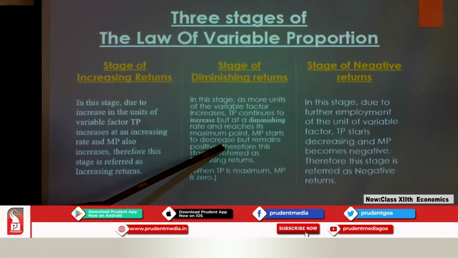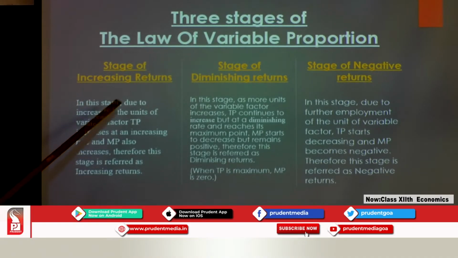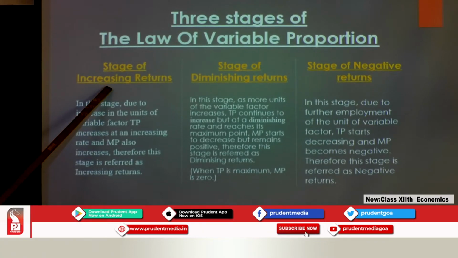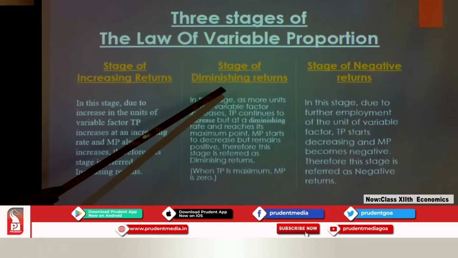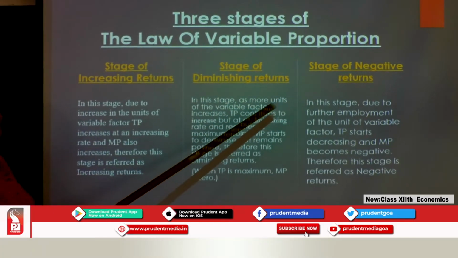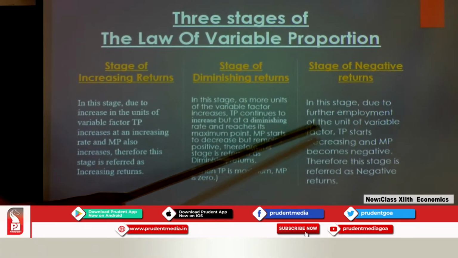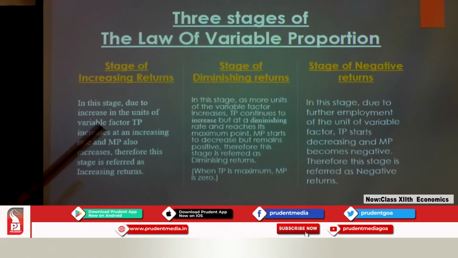MP starts to decrease, but remains positive, and when TP is maximum, MP is 0. I will just name the stages again. Stage of increasing returns, stage of diminishing returns, and the third stage, stage of negative returns, because now TP decreases, but MP starts becoming negative.